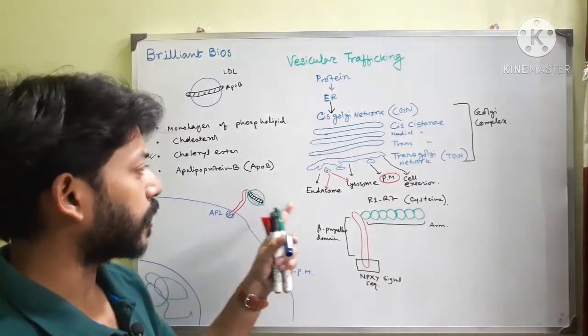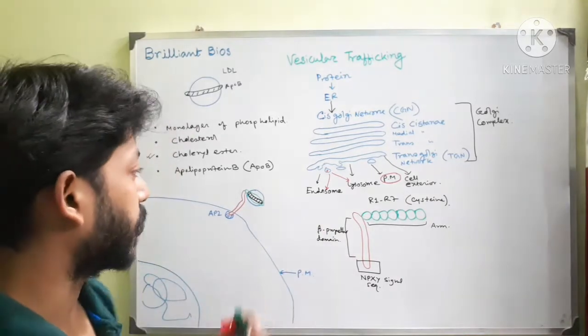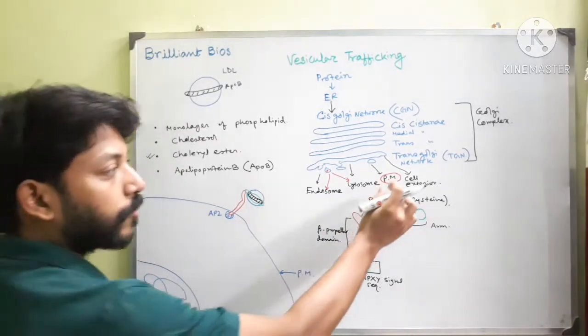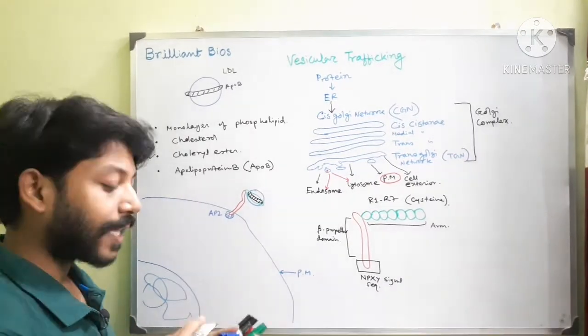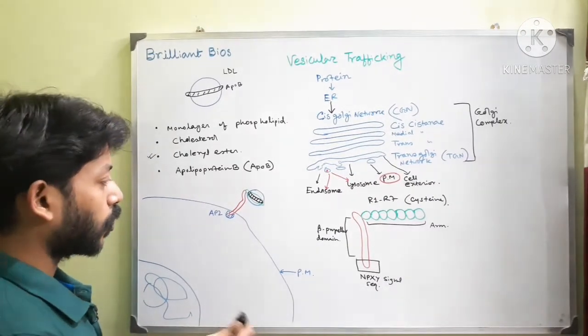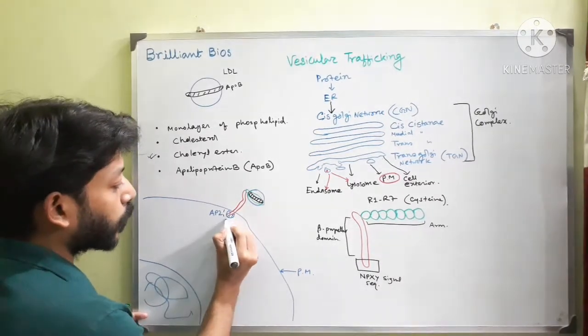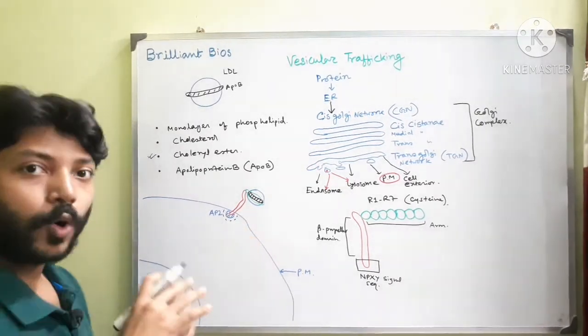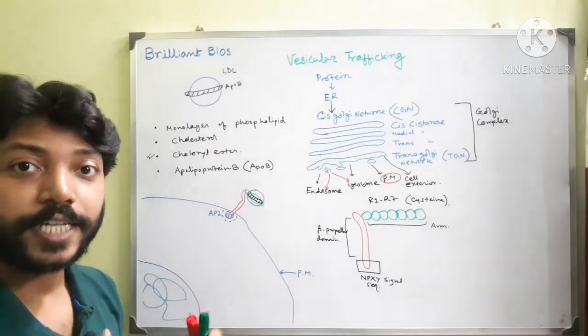In my vesicular trafficking vesicle budding class lecture, I have mentioned that. So when endocytosis occurs from the plasma membrane to the inside, clathrin protein is actually responsible. So here AP2 is the adapter protein for the clathrin, and then clathrin protein coats all this complex and helps in the formation of endocytic vesicles.